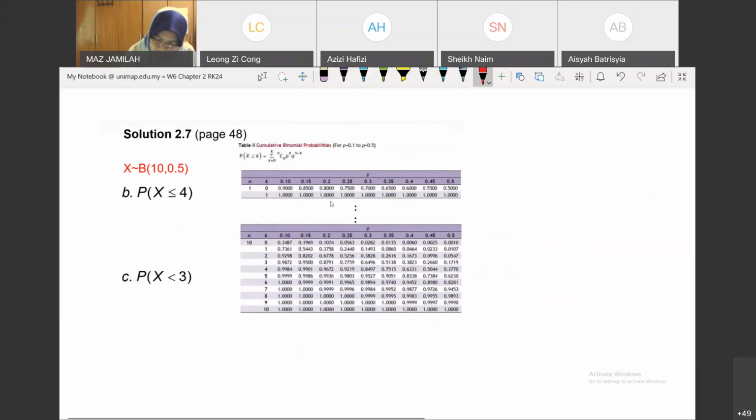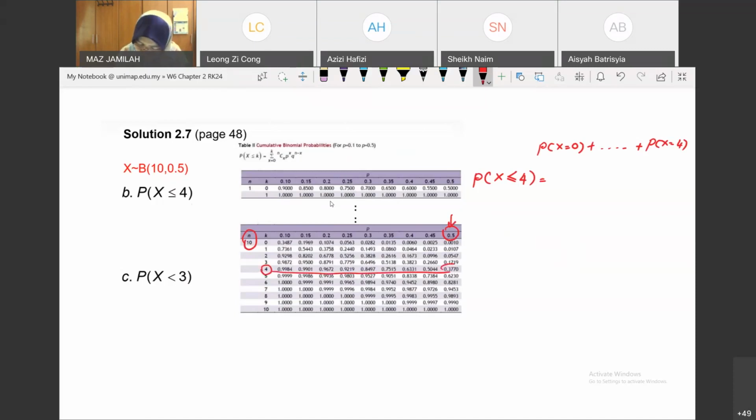For P(X ≤ 4), in theory it will be P(X = 0) plus until plus P(X = 4), because 4 is included. But if you are using your table for n = 10 trials, probability of success 0.5, and we are talking about 4, look for 4 and go for the probability value.